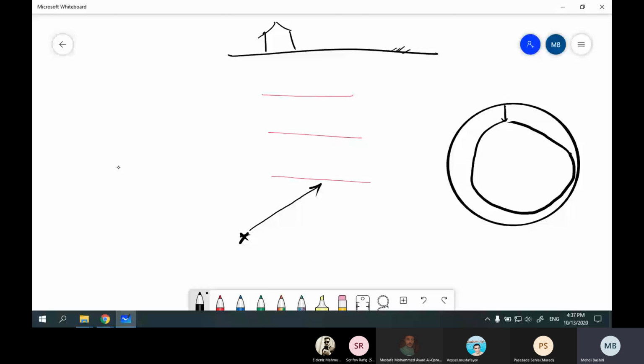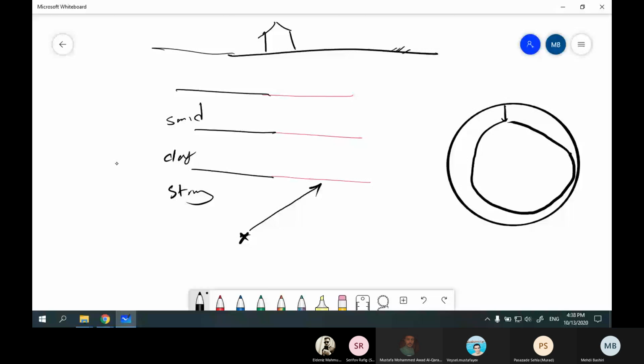Sometimes we have clay, sometimes we have sand. One of them is strong, one of them is weak. We have different types of layers, and the behavior of a wave in each layer is different from the other layer.